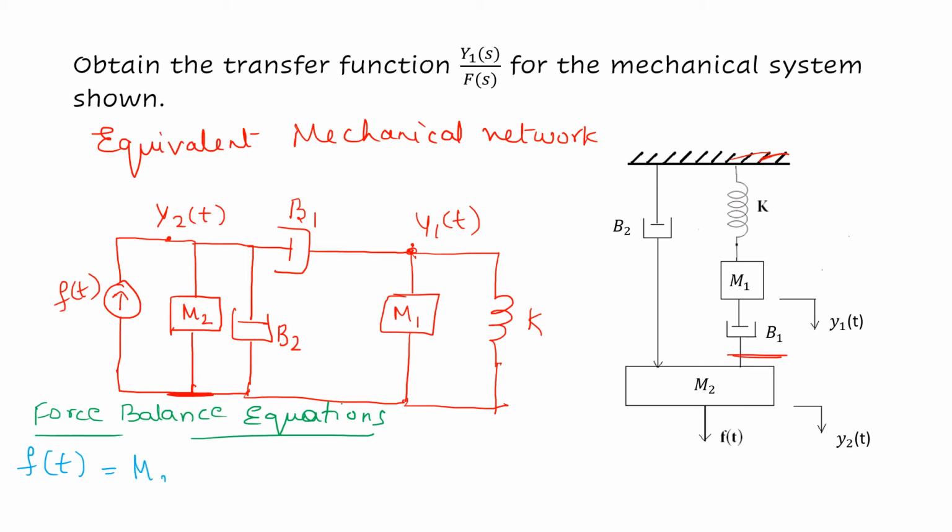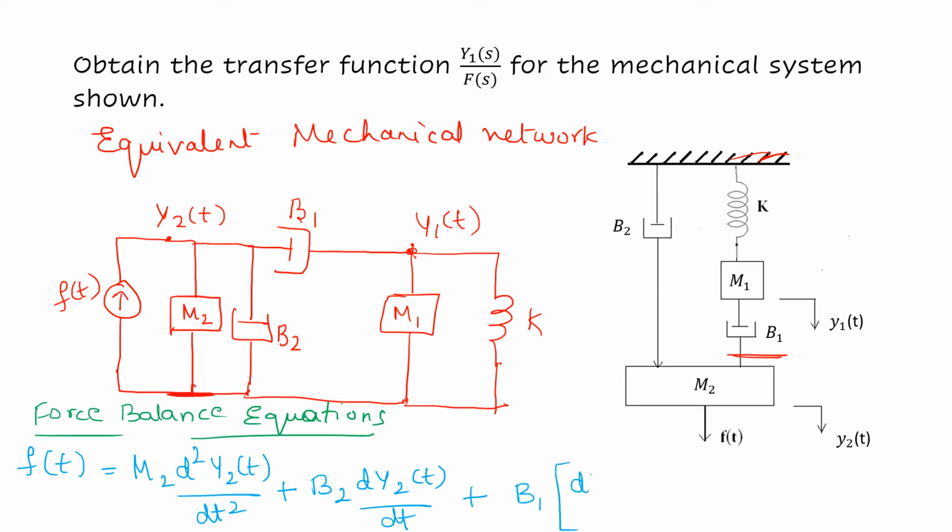So F(t) = m2 d²y2(t)/dt² + B2 dy2(t)/dt + B1 (dy2(t)/dt − dy1(t)/dt). We are considering the node y2, that is why this y2 minus y1 has come. This is the first differential equation.